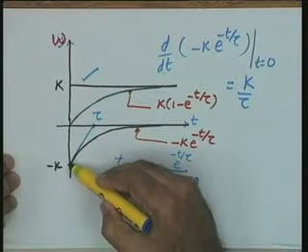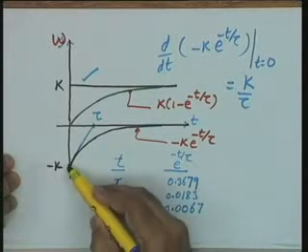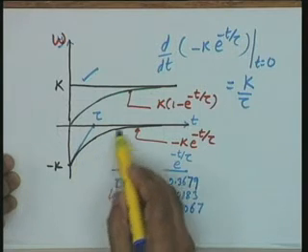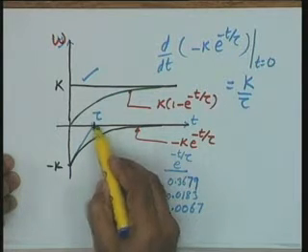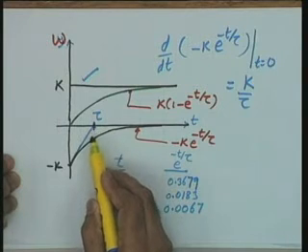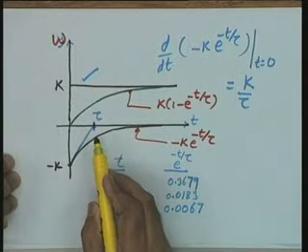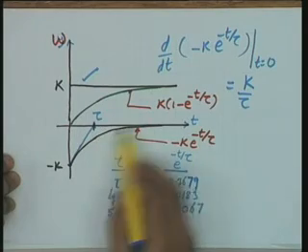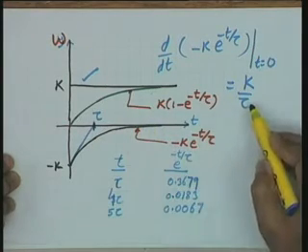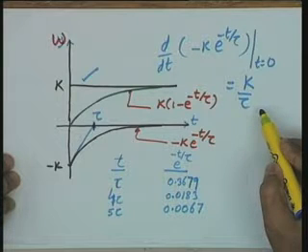If the decay slope at t is equal to 0 would have continued, this particular term would have come to 0 at time t is equal to tau and is referred to as the time constant of the system. This is a very important parameter, as I am going to explain to you. The time constant of the system represents the time for the transient to decay if the decay were dictated by the initial slope k by tau.